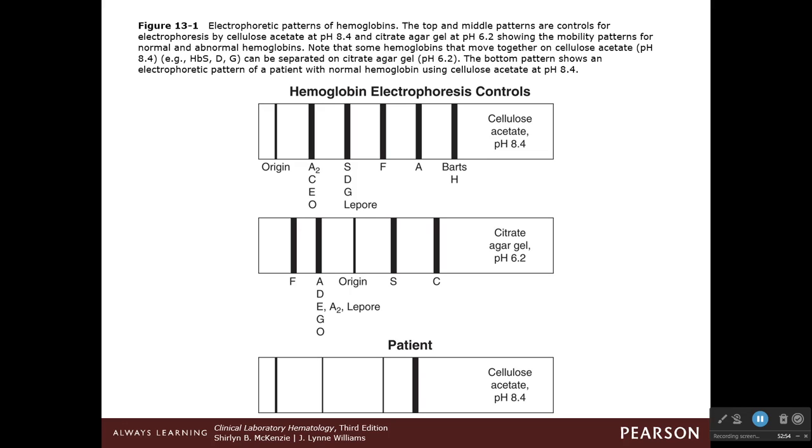F, we said, was about 0 to 2%, depending on the individual. And then A2 is going to be about, what was it, 2 to 5, 1 to 2, I can't remember. No, that's too high. I think it's about 1 to 2%. Okay? All right, so a normal individual.